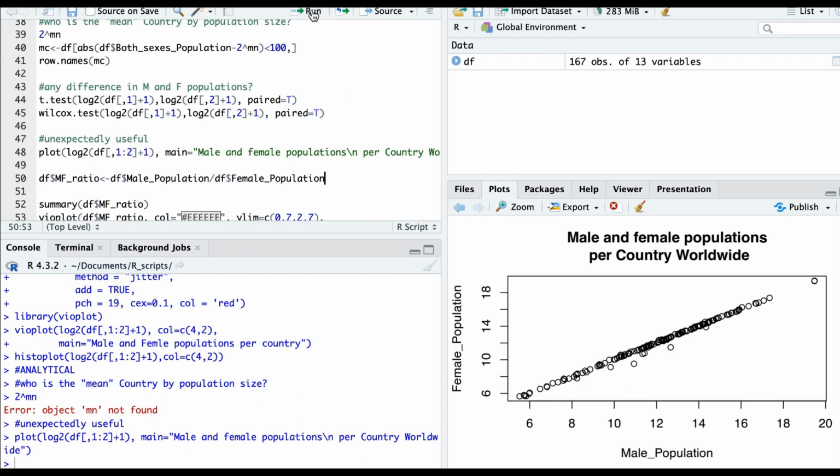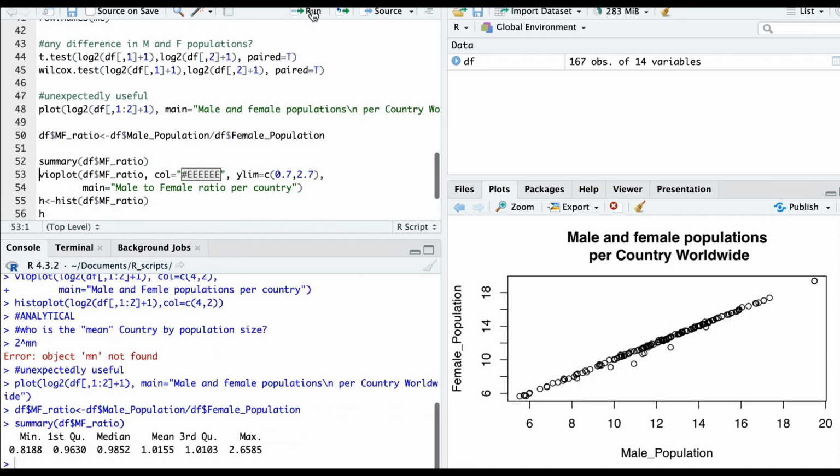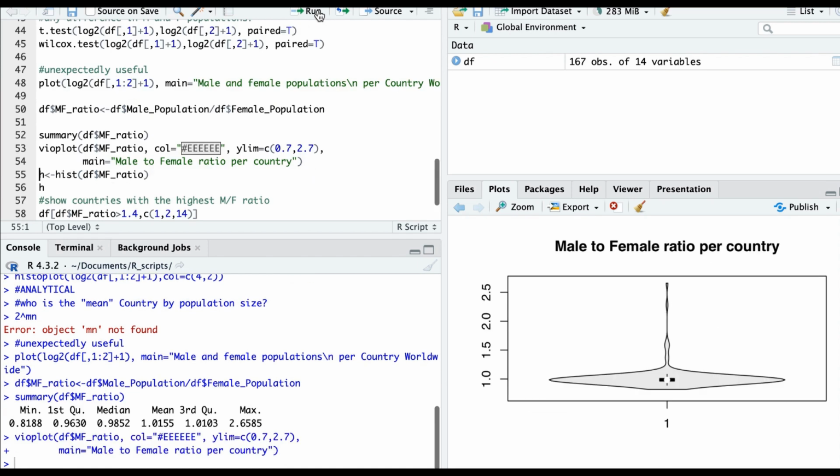First we calculate the ratio, then we check the summary of the ratio, and the median and mean are very close to 1, so male to female overall is nearly perfect 1. And in the violin plot it's even easier to see that there is no big bias in the prevalence of females.